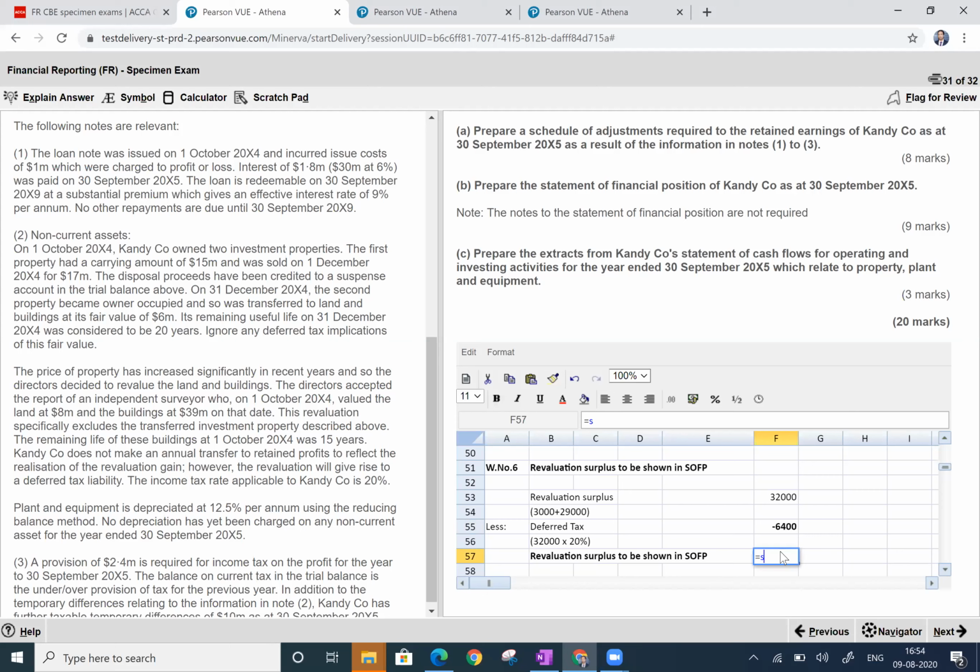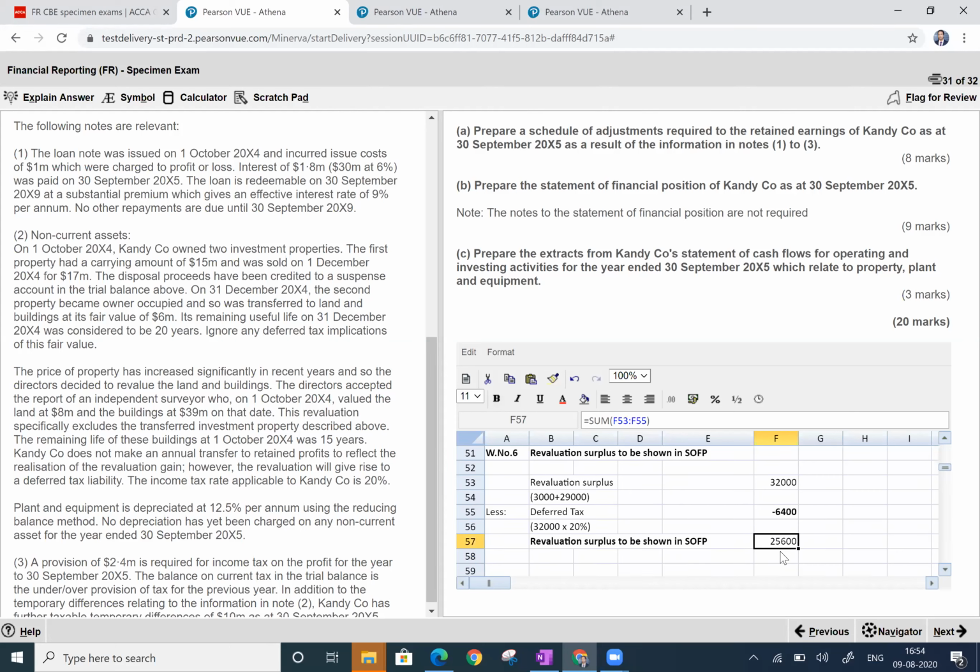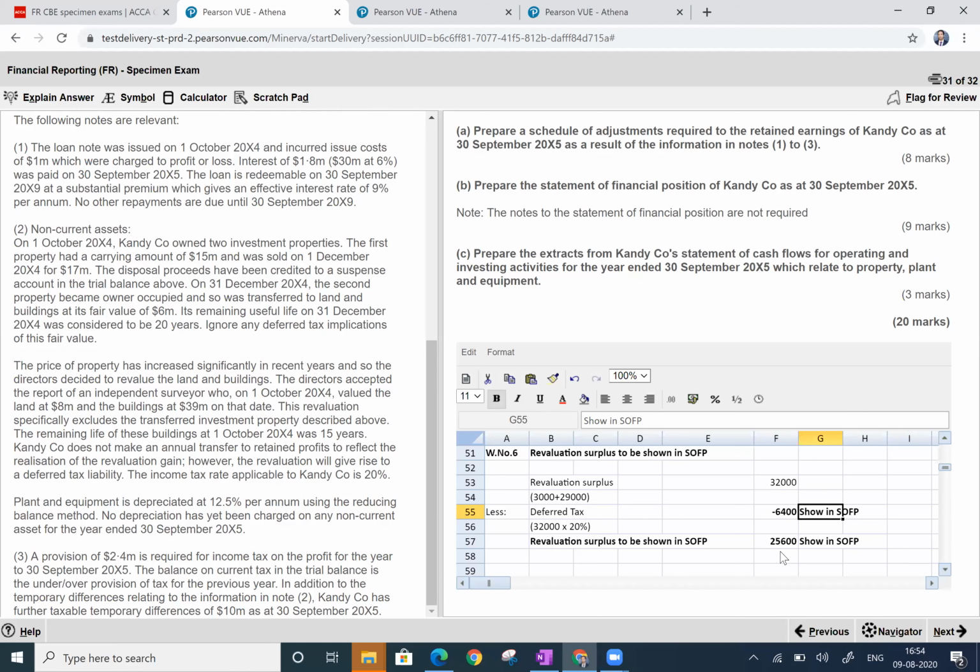So revaluation surplus will be the sum of those two items, that is 25,600, to show in SOFP. There will also be deferred tax to show in SOFP. Okay, done. So we have written revaluation surplus as well.